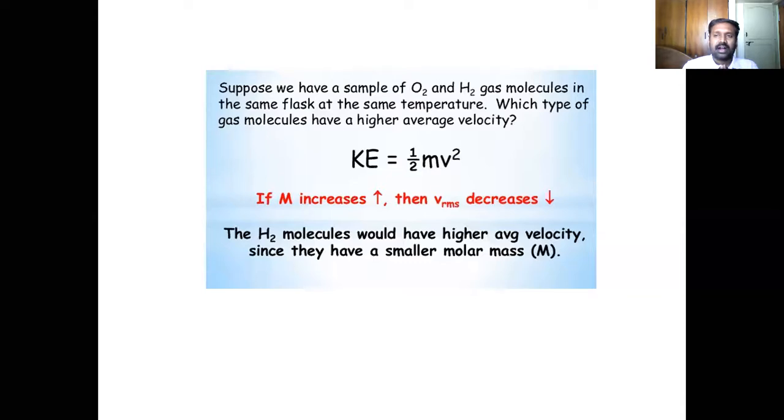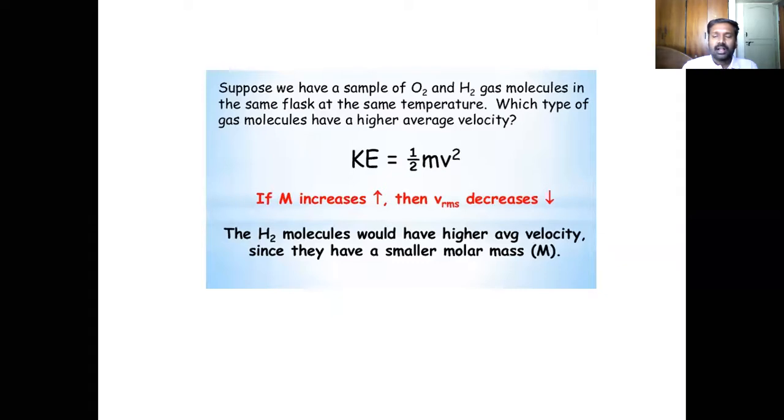See, m is the mass of the particle. This is the equation for any moving particle, which has come out of Newtonian classical mechanics: half m v square, mass of the particle times velocity squared.